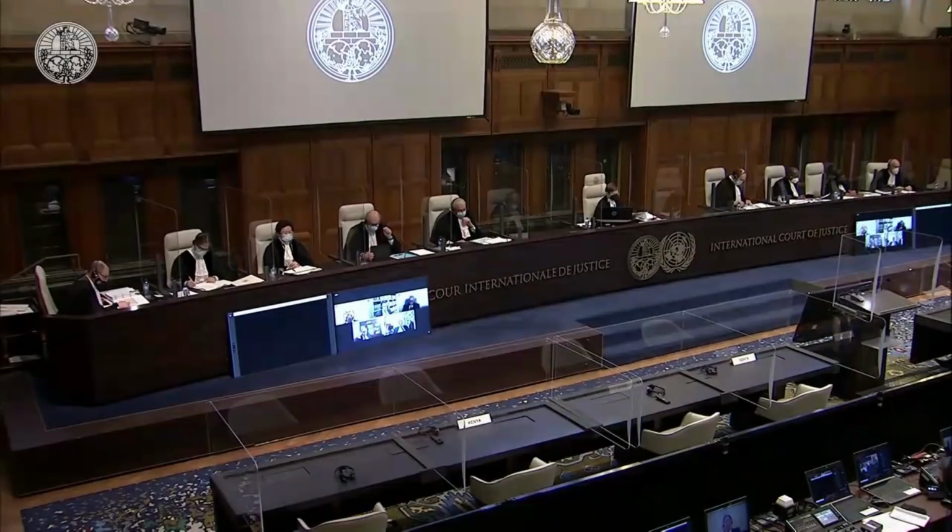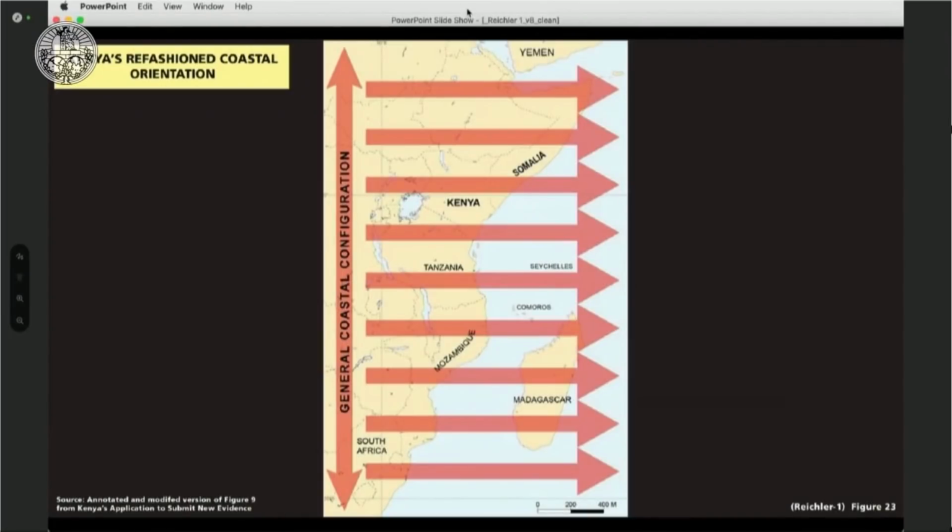The bankruptcy of Kenya's approach is further illustrated by a new sketch map that was included in its written submission of 5 March. This is Kenya's depiction of how the relevant coast supposedly projects seaward. What is blindingly obvious, despite all of the busyness on this sketch, is that to draw projections due eastward in parallel with a parallel of latitude, they invented a so-called coastal configuration, shown on the left, which does not even come close to representing the actual direction of the coast.